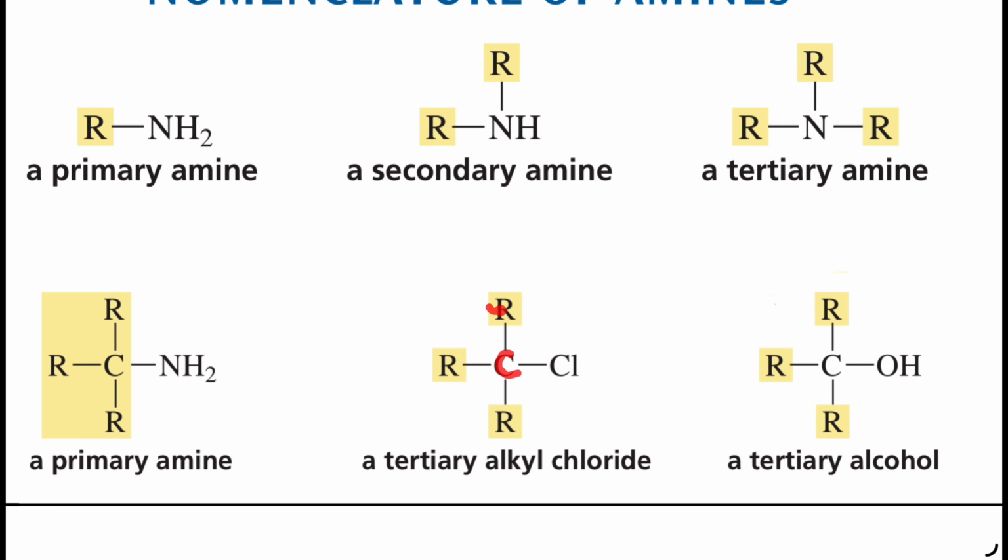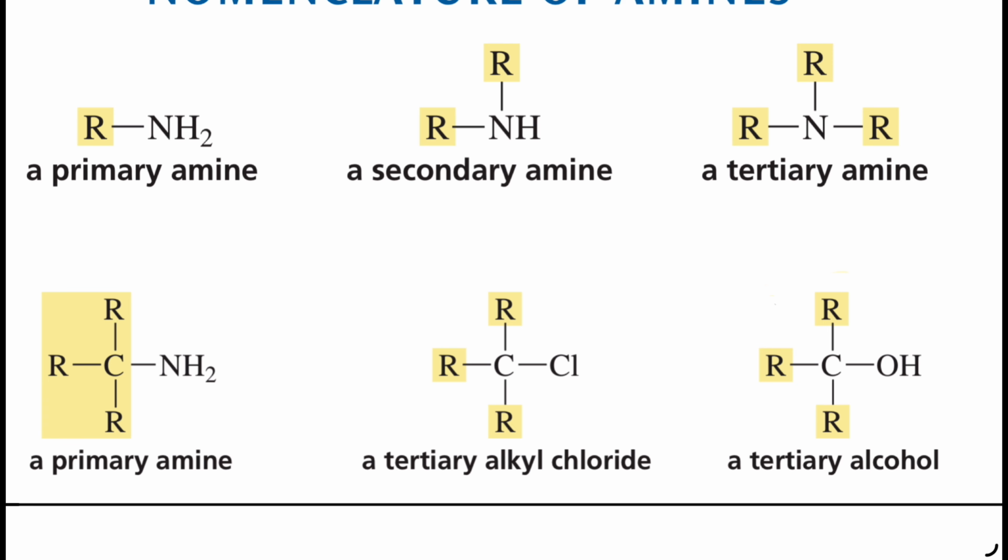This carbon is directly attached to three alkyl groups, therefore it is a tertiary alkyl halide. Even in case of alcohols, we have to consider the OH containing carbon, that is alpha carbon. So this carbon is considered here, this carbon is considered here, but here nitrogen is considered, not a carbon.